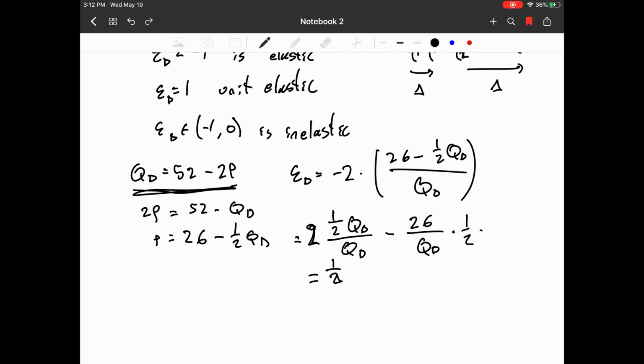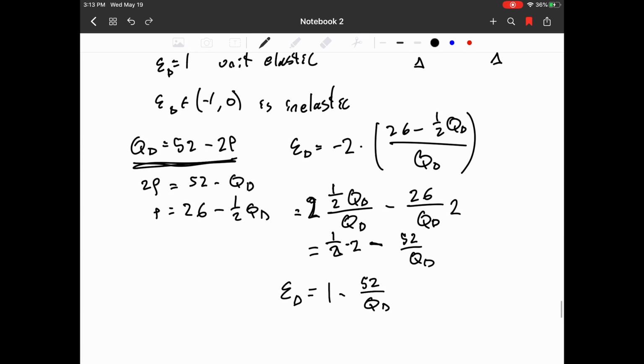And this is going to be multiplied by 2. Not by 1/2. Okay, so 2 times 1/2 minus 52 over qd. And this all comes out to be 1 minus 52 over qd. And this is our elasticity of demand for our linear cheese demand curve.